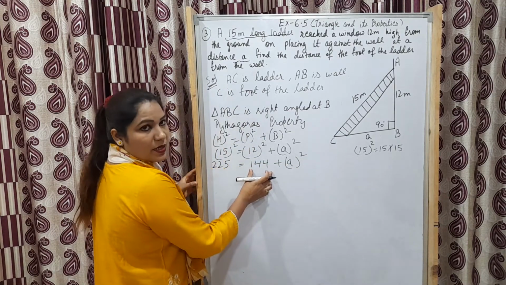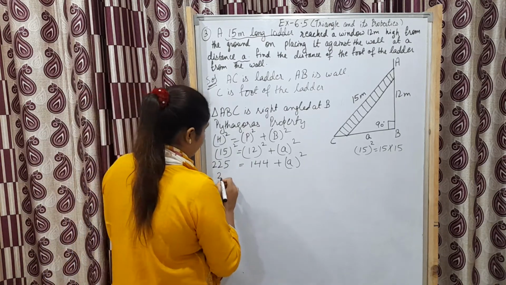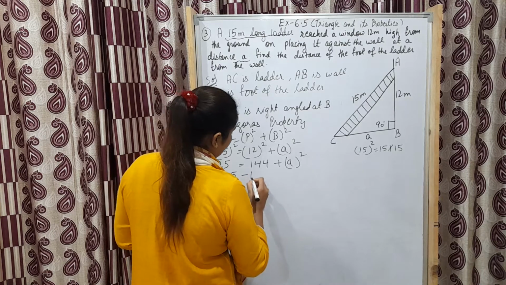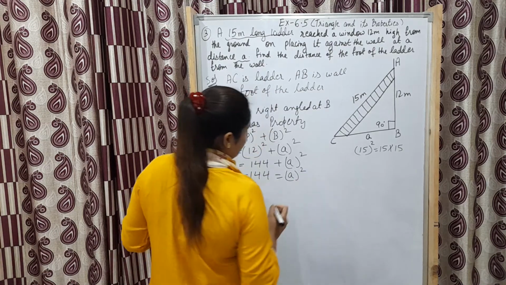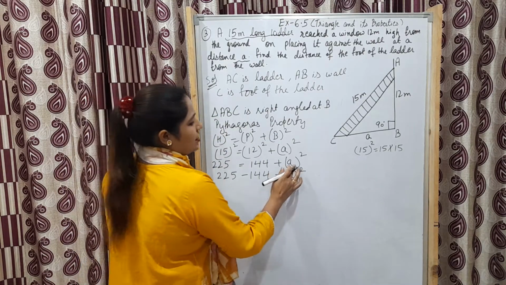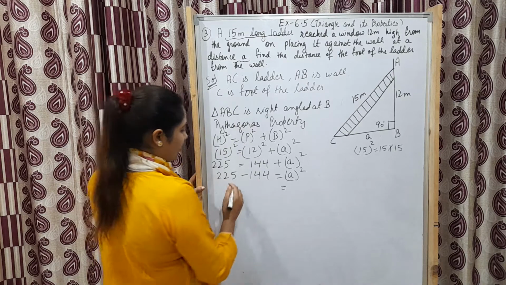Now here it is plus, when it goes to the other side we will subtract it. A square remains as such. Now we will subtract it.